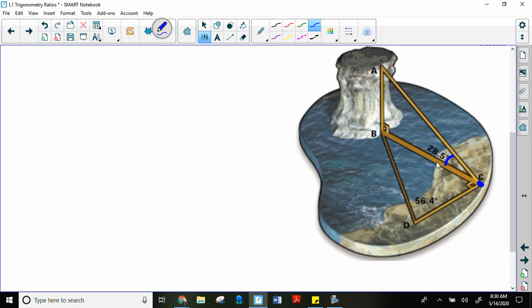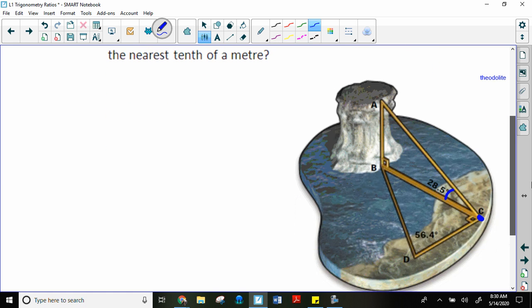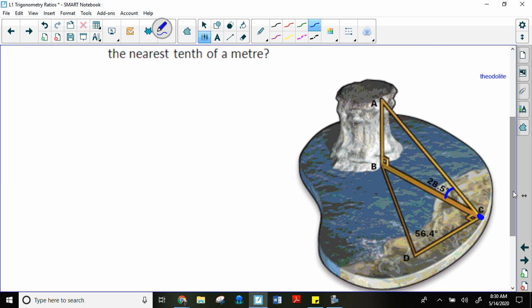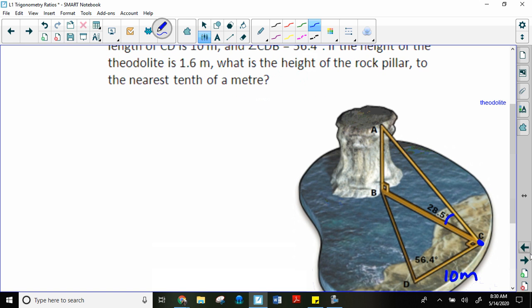So they can create enough information in this triangle to find a piece of it, and then use that piece with what's given to find the height. They said the length of this is 10 meters, and that angle CDB is 56.4 degrees.